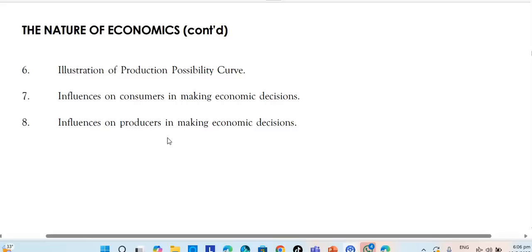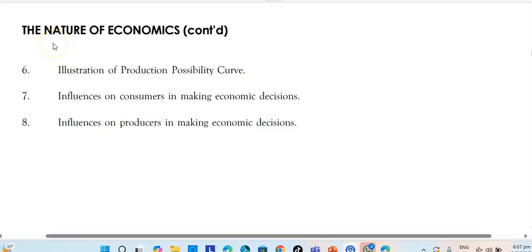They increase production to meet the growing demand. They may raise prices slightly if consumers are willing to pay more. They may even invest in more equipment to expand juice production. So this shows how demand directly shapes producers' strategies and investment, and also influences producers in making economic decisions.